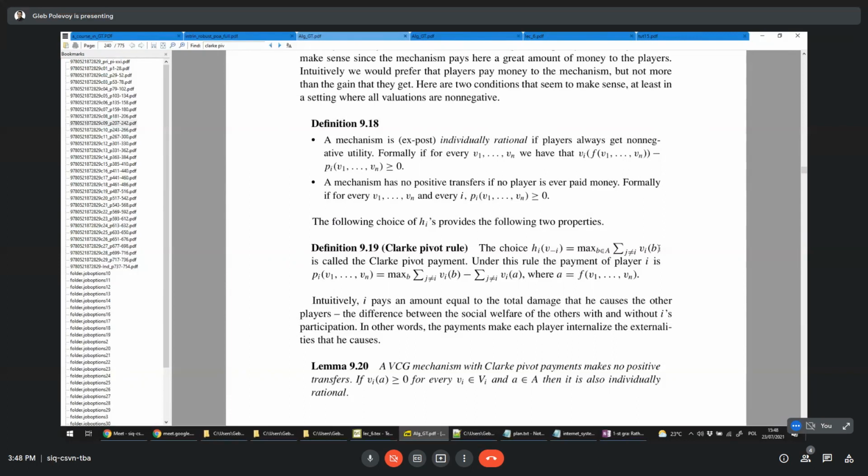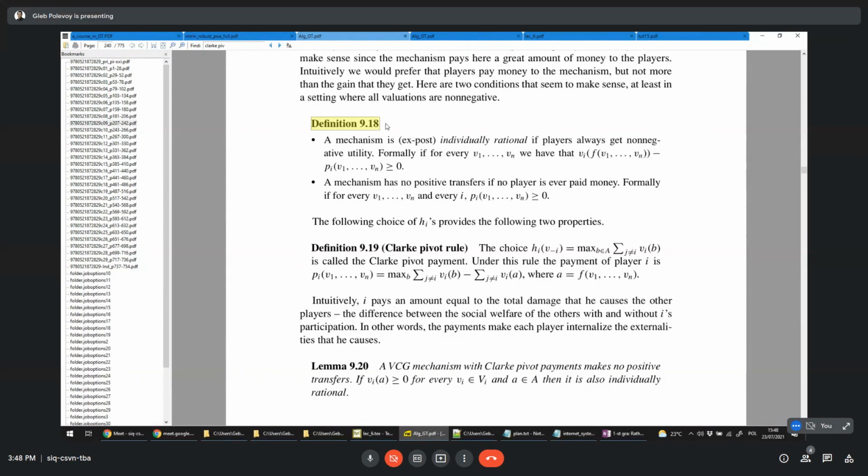One of the approaches which satisfies those requirements is called the Clarke pivot rule. It's a nice way to actually use the VCG. In particular, in the case of selling a single item, that eventually results in the second price auction, as I showed you at the lecture.